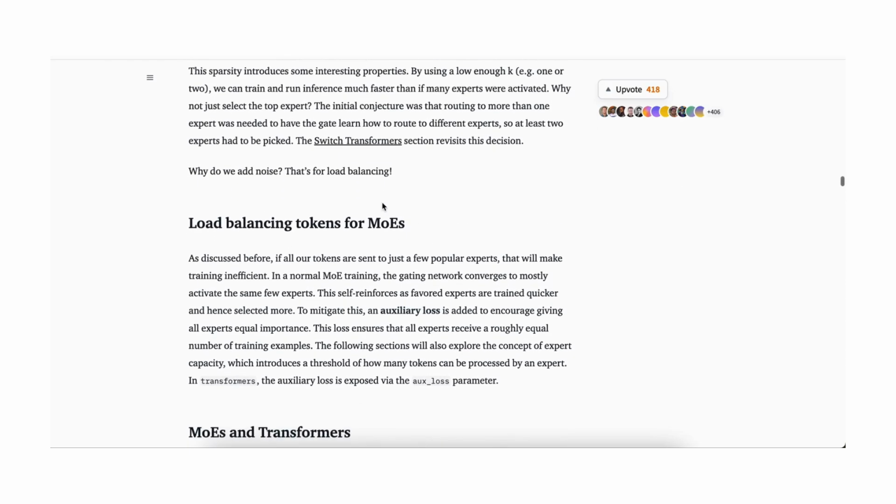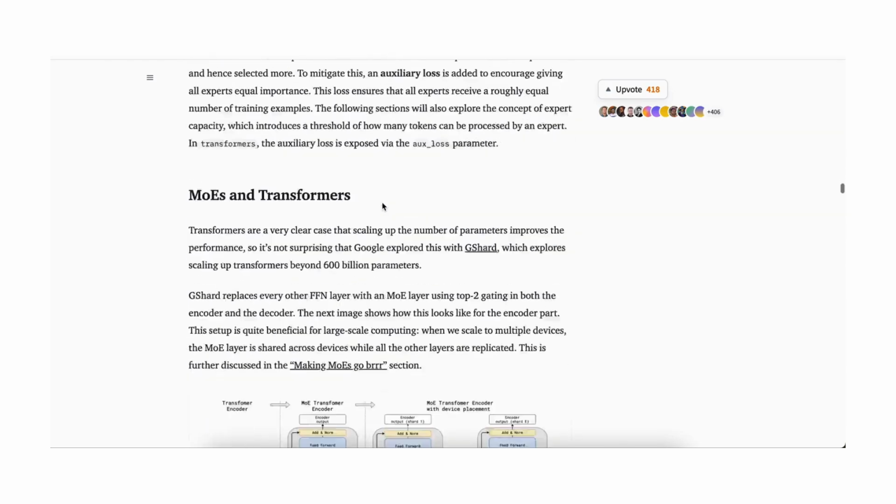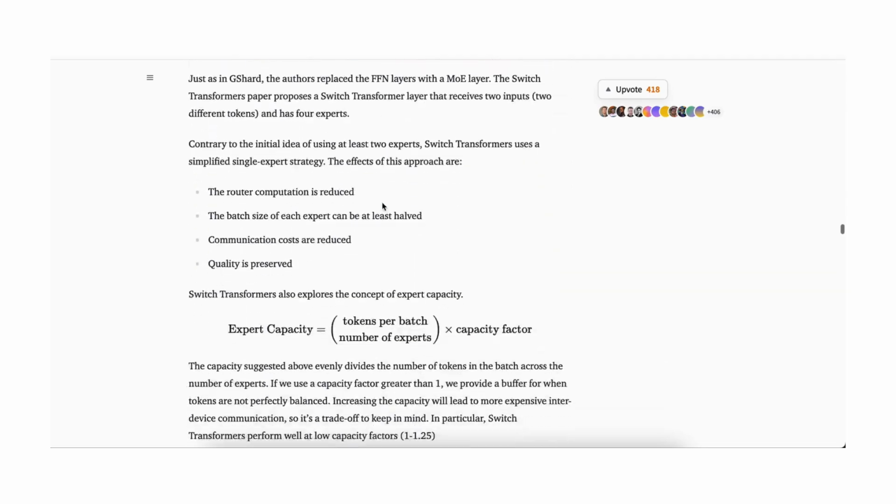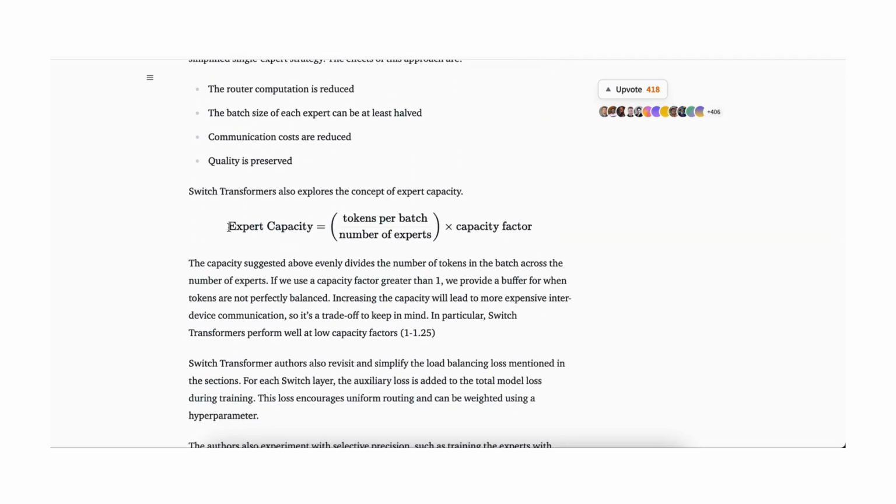Now the third important thing that we do is the idea of expert capacity. For each expert, we define the capacity of the expert. The capacity basically says that the number of tokens that can be processed by the expert is limited by this expert capacity.